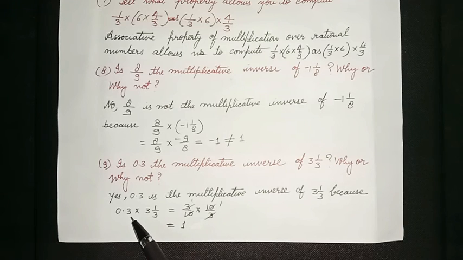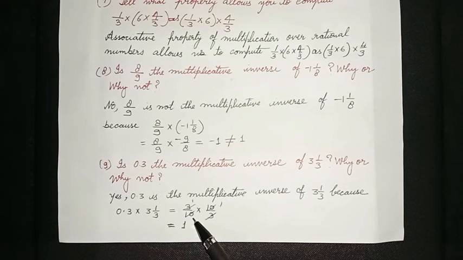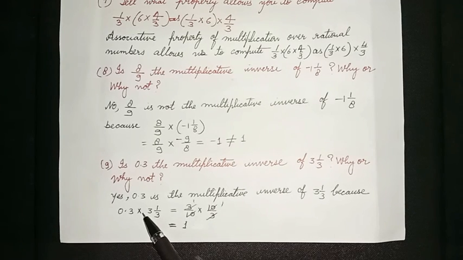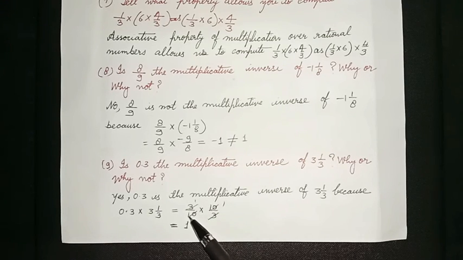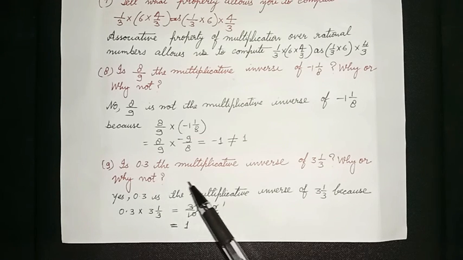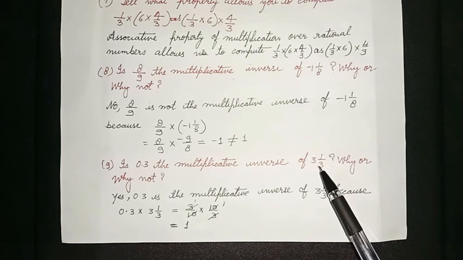Then for 0.3 we will write 3 upon 10 into, for 3 whole 1 by 3 we can write 10 upon 3, and after simplifying this we get 1. Because of this 1, we can say 0.3 is the multiplicative inverse of 3 whole 1 by 3.